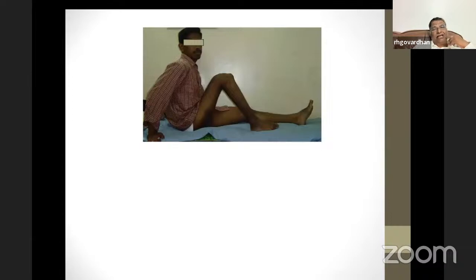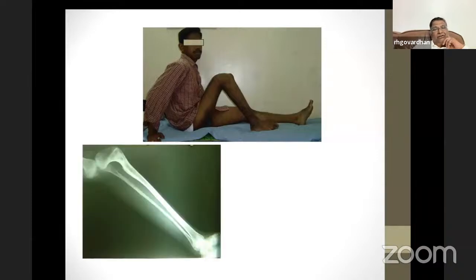After the lengthening, he has got this procurvatum deformity, and it appears as if he has got a double level of the knee joint. You can see the X-ray. That's a gross procurvatum with subluxation anteriorly of the knee joint. This is when you bend the knee, it gets nicely relocated.